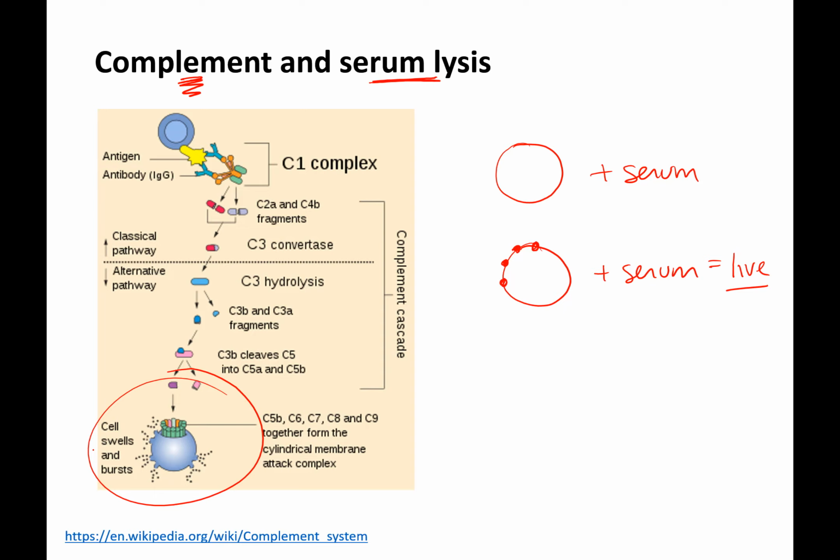And when it doesn't have those host cell proteins, it leads to lysis, so it leads to death of the amoeba. So again, big picture, is this a method for amoebas to evade the immune system?